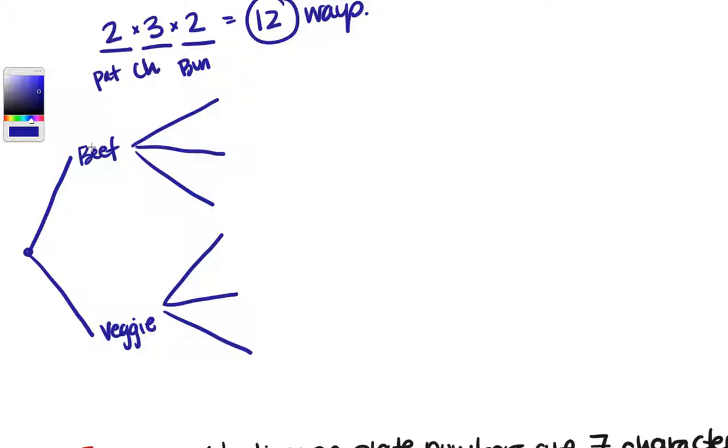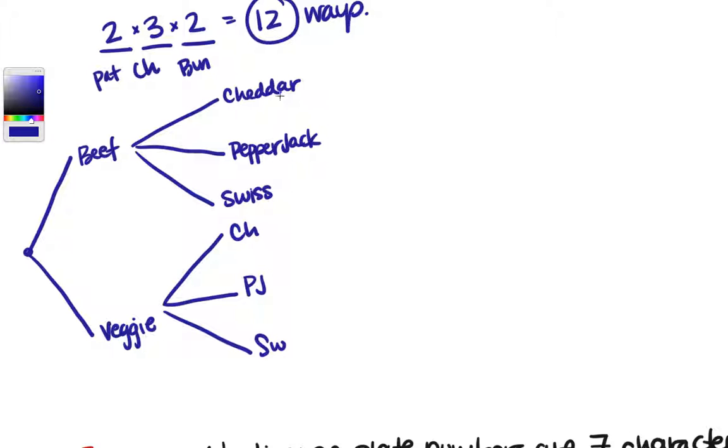So for those 2 each, there's 3. So that's where that 2 times 3 comes from. And let's say that our cheese options are cheddar, pepper jack, or Swiss.